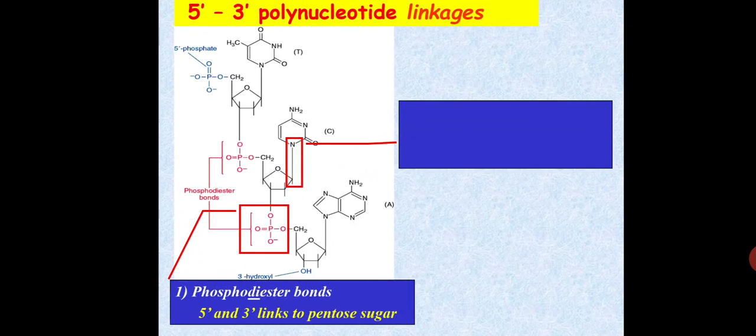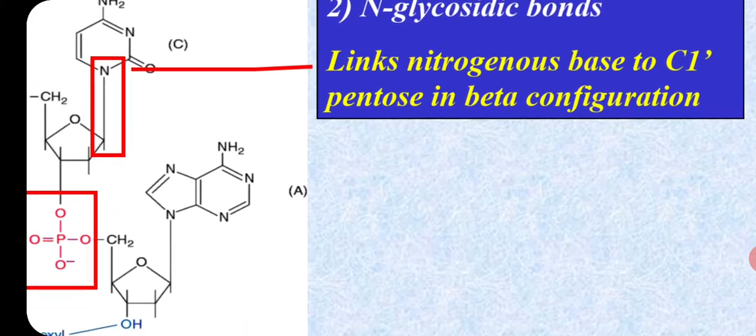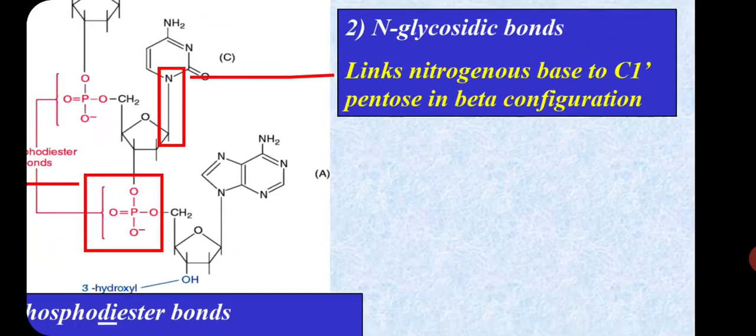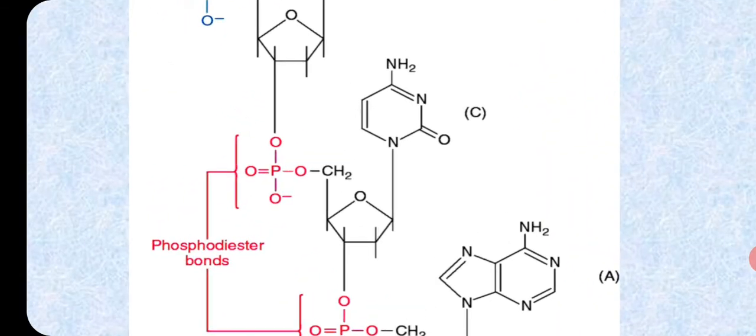So this is the phosphodiester linkage, and this is the N-glycosidic bond, linking a nitrogenous base to C1 of the pentose sugar. I have already told you that the polarity always goes from 5' to 3'.